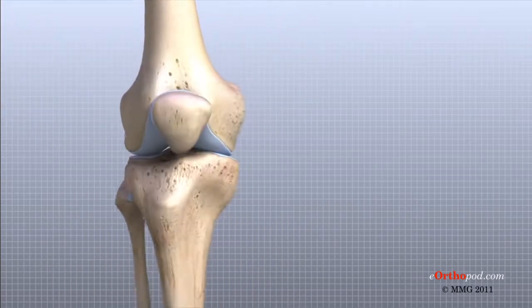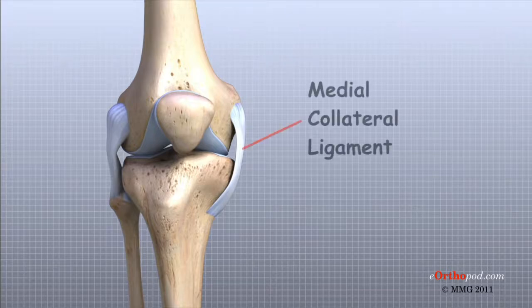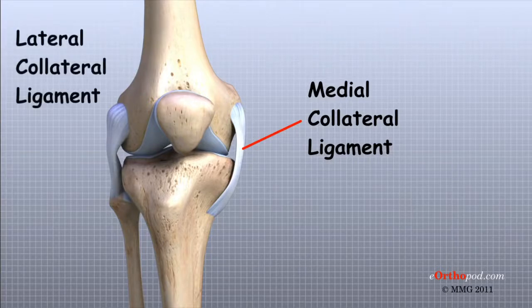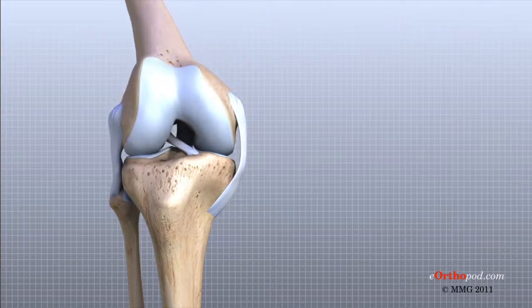Ligaments are tough bands of tissue that connect the ends of bones together. Two important ligaments are found on either side of the knee joint. They are the medial collateral ligament, or MCL, and the lateral collateral ligament, or LCL. Inside the knee joint, two other important ligaments stretch between the femur and the tibia.